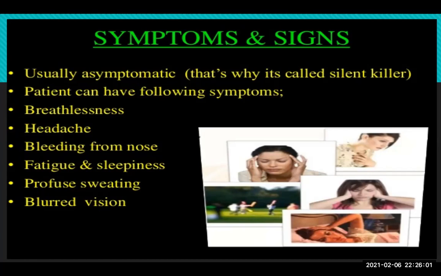So it's called the silent killer, because you may have no symptoms or signs of hypertension until you have a complication such as a cerebral stroke, heart attack, or loss of vision. Other symptoms could be breathlessness, headache, bleeding from the nose, fatigue and sleepiness, profuse sweating, and blurred vision.